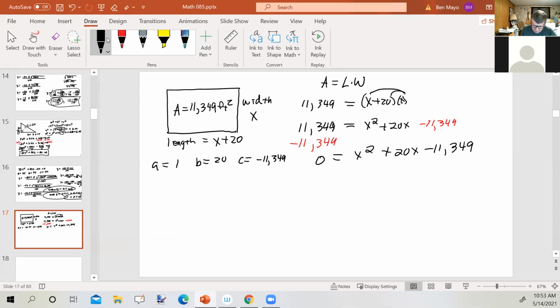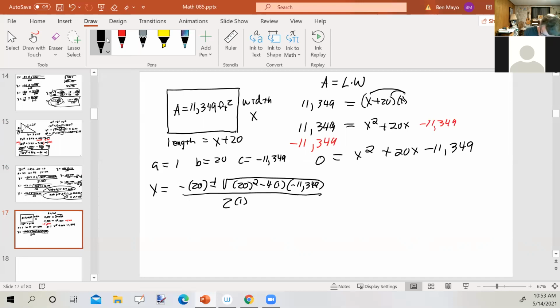Okay, so X equals negative B plus or minus the square root of B squared minus 4AC all over 2A. X equals negative 20 plus or minus the square root of 20 times 20 is 400, minus 4 times 1 times negative 11,349, which is going to be positive.